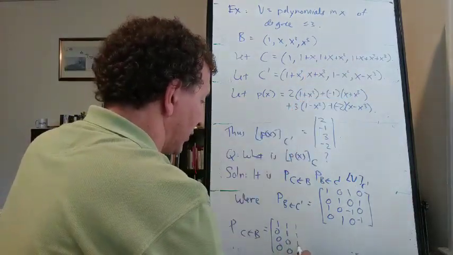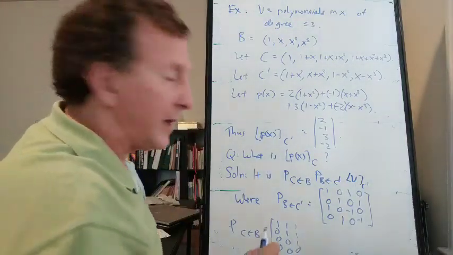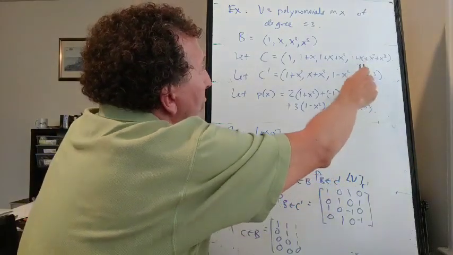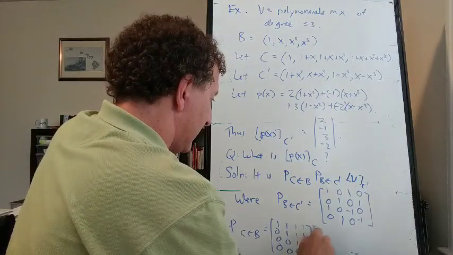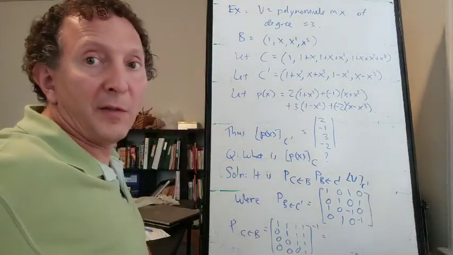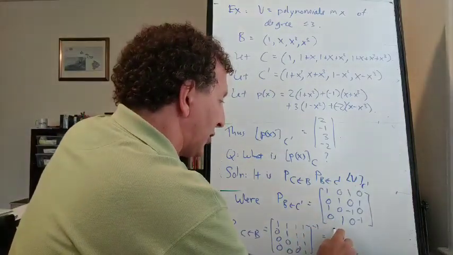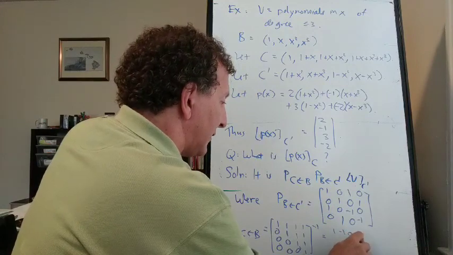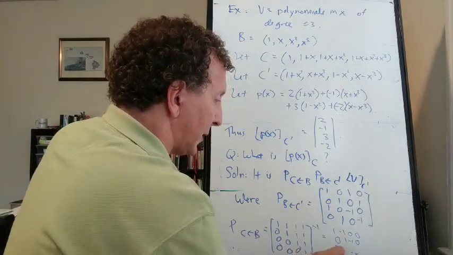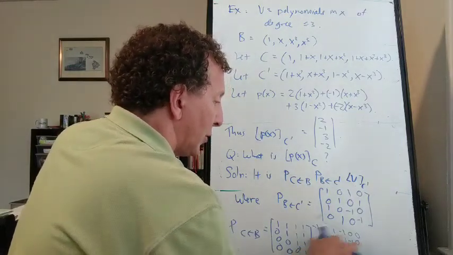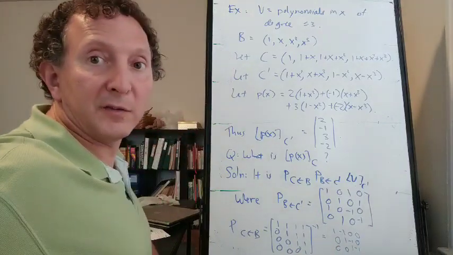So 1, 1, 1, 0. And then 1, 1, 1, 1. And this is a matrix that we inverted last time. And we found that its inverse has rows which are 1, negative 1, 0, 0, then 0, 1, negative 1, 0, then 0, 0, 1, negative 1, and then 0, 0, 0, 1.